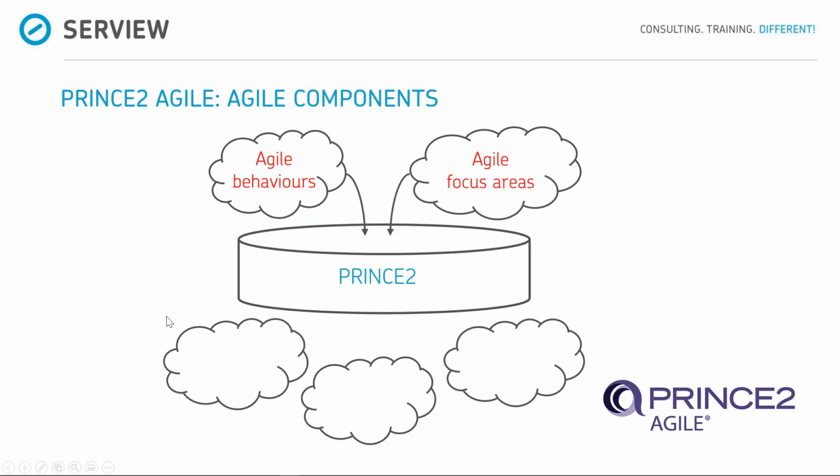The agile focus areas consist of concepts, how we do things, but also agile techniques, which are the more detailed version of how we do it. So together, concepts and techniques will tell us the knowledge that we need.